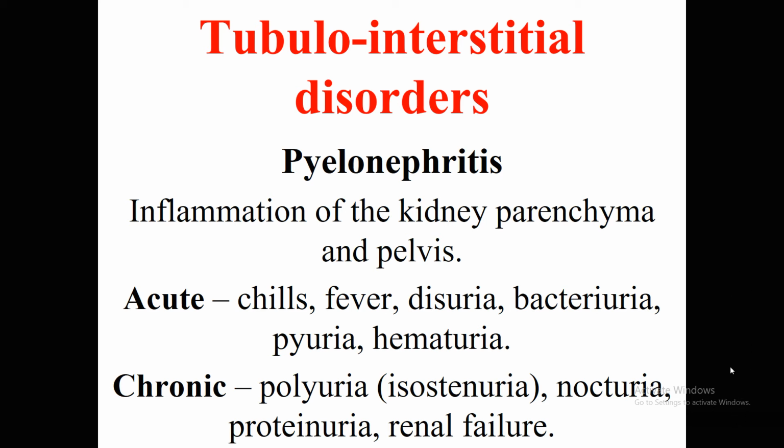The chronic pyelonephritis is a progressive process. Scarring and deformation of the renal calyces and pelvis are observed. Because of the damage of the distal section of the nephron, the collecting duct, polyuria with isostenuria are observed, nocturia, proteinuria with the progress of the disorder, and finally renal failure.